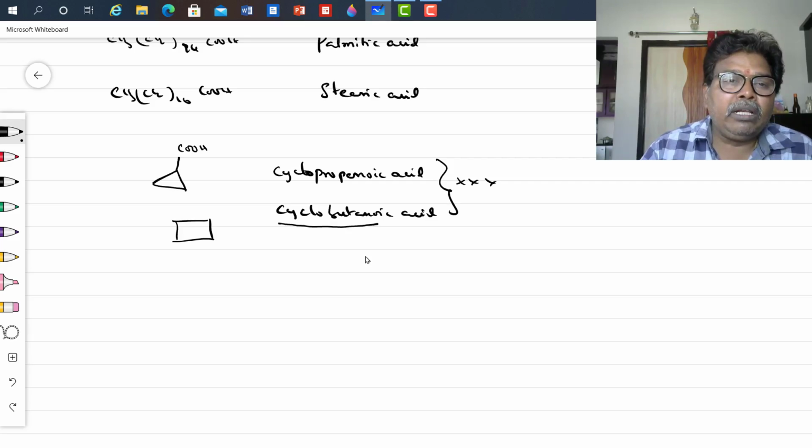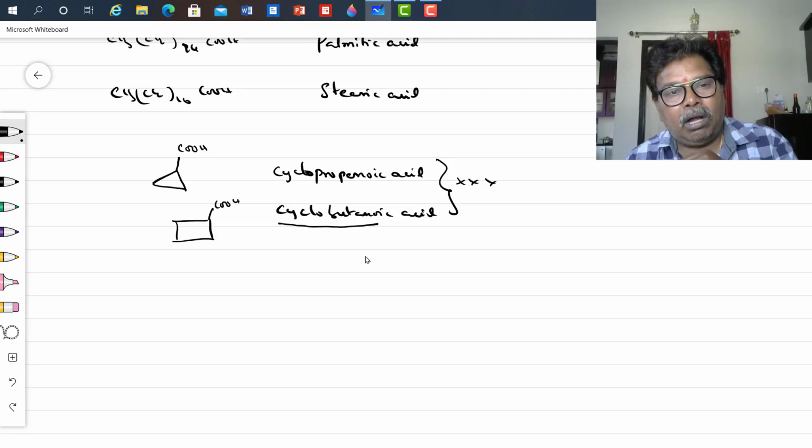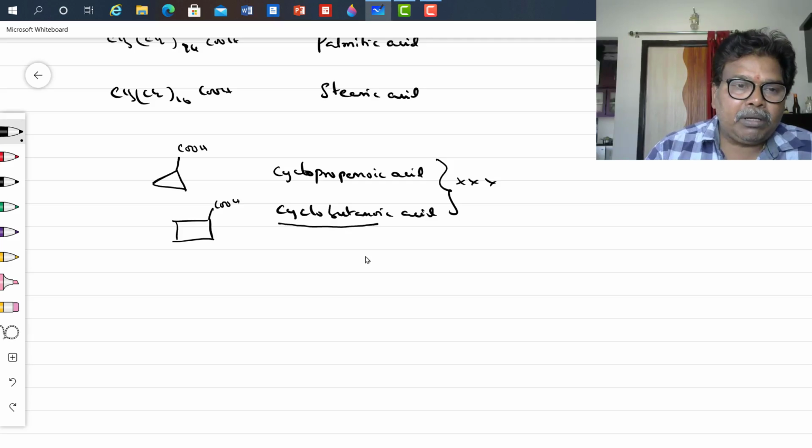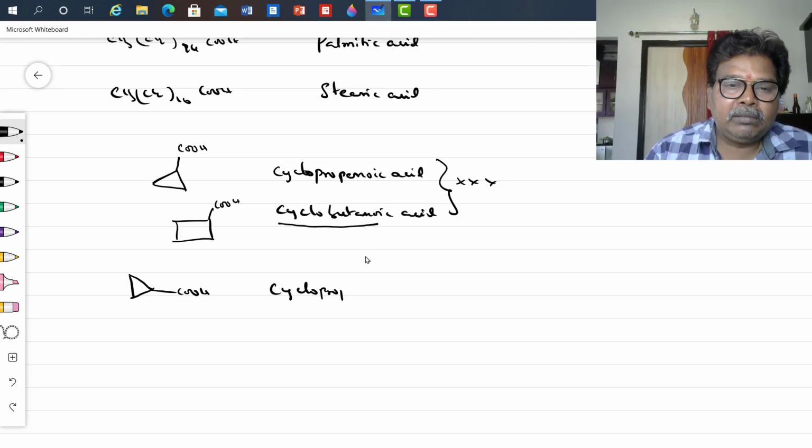So in case of alicyclic carboxylic acids, we use the cycloalkane name, and due to the presence of the COOH group, we call it carboxylic acid. For example, cyclopropane carboxylic acid.